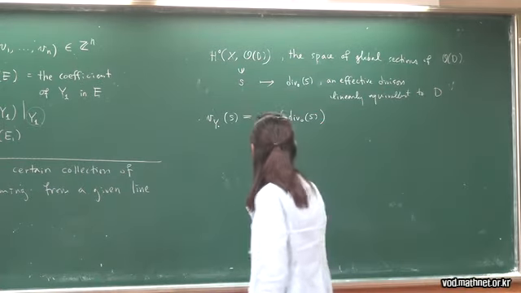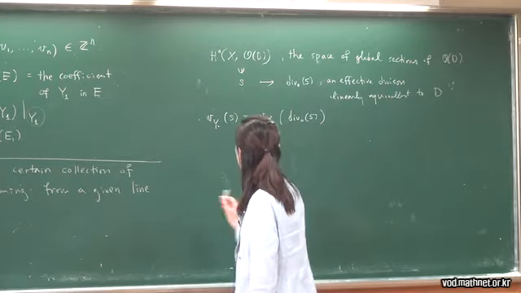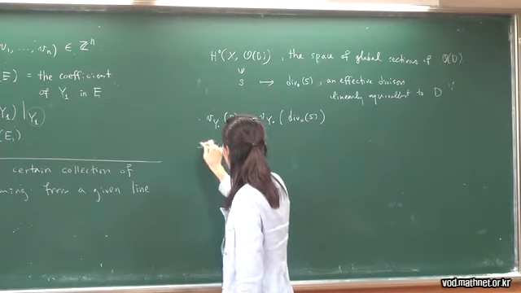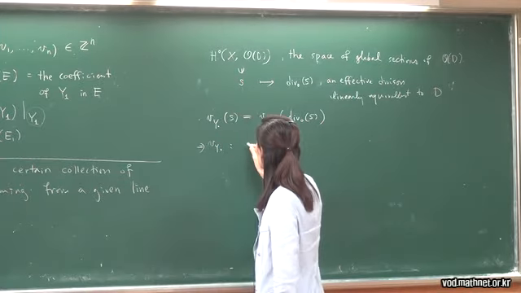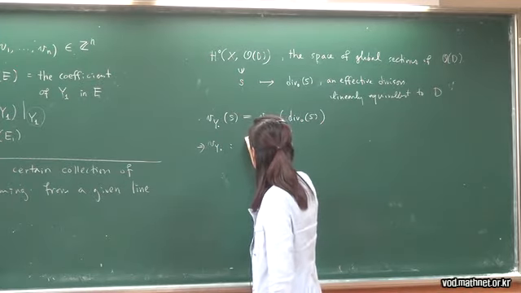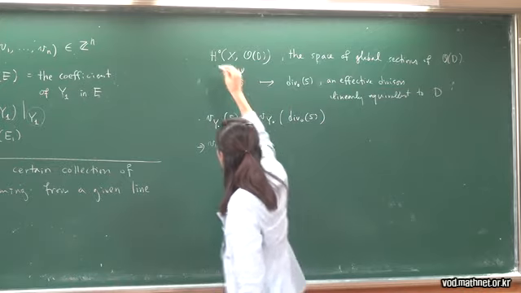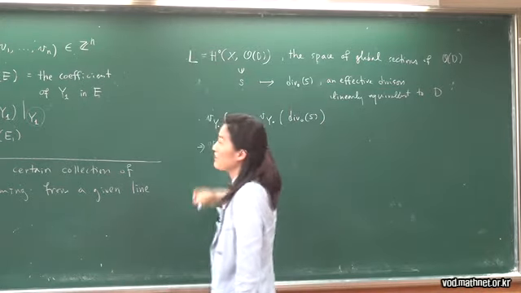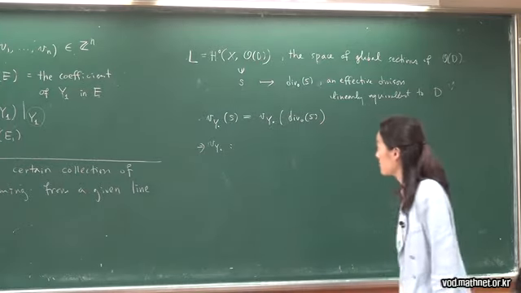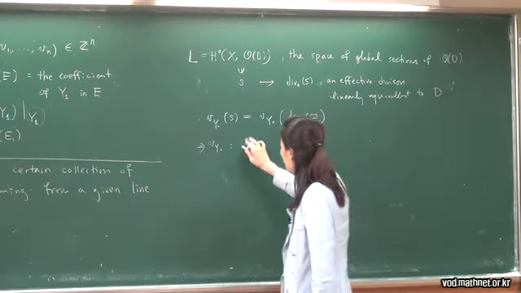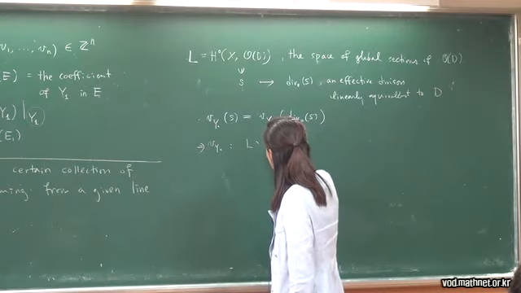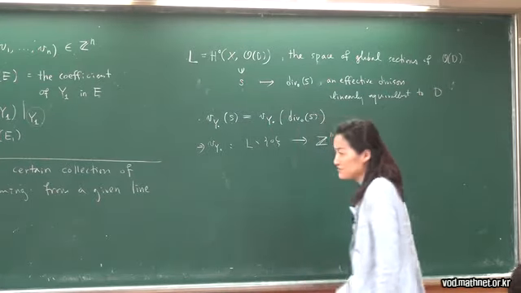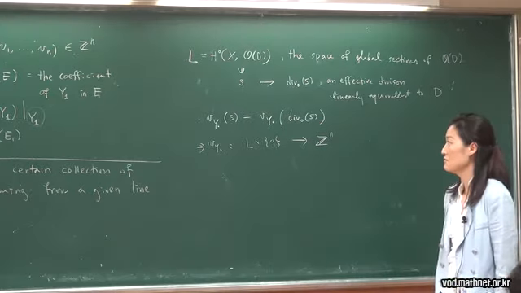So far I defined this valuation on this space. This is a finite dimensional vector space because X is a projective variety. N is the dimension of our variety X.